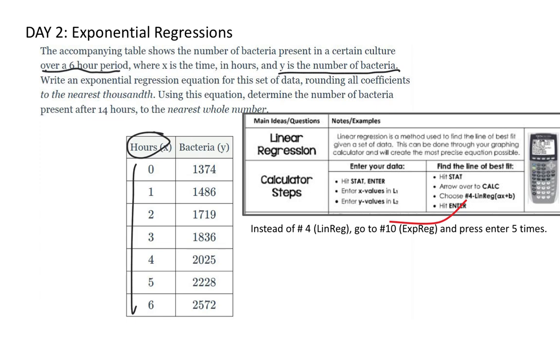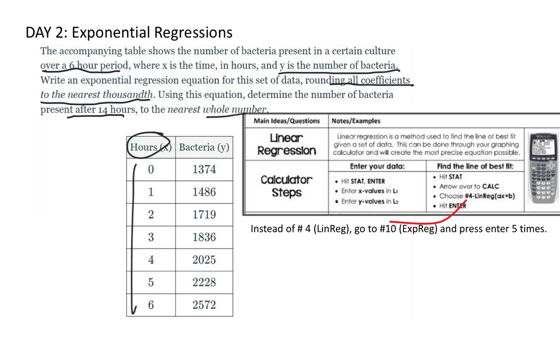It says write an exponential regression equation for this data set, rounding all coefficients to the nearest thousandth, so that's 3 places out, and determine the number of bacteria present after 14 hours to the nearest whole number.